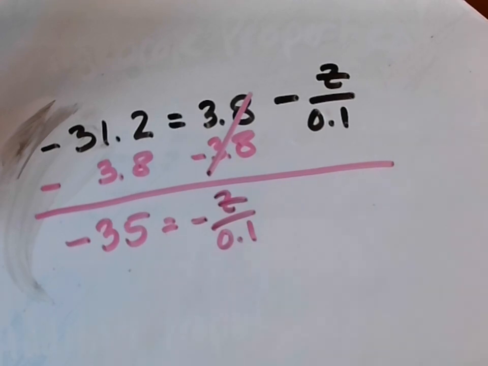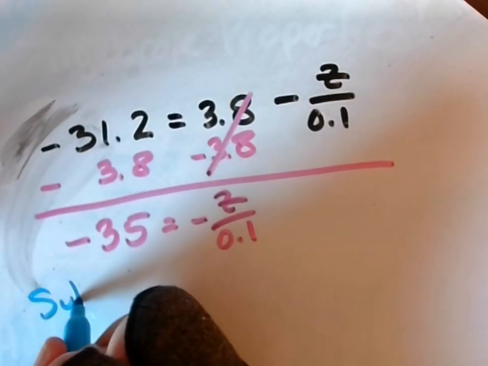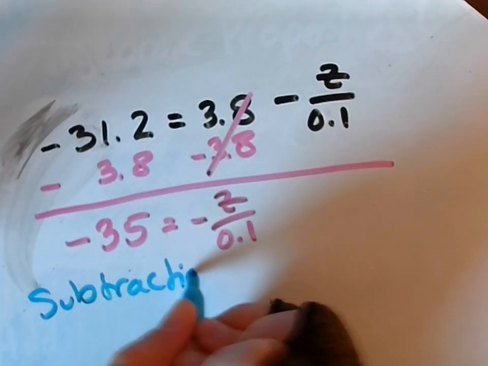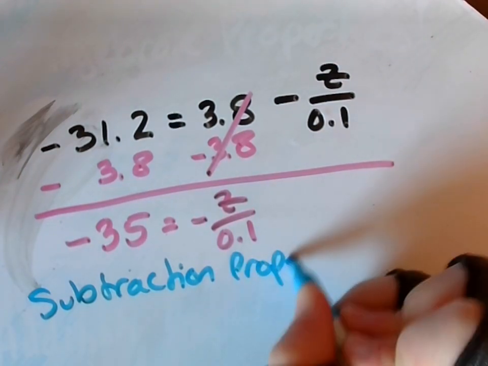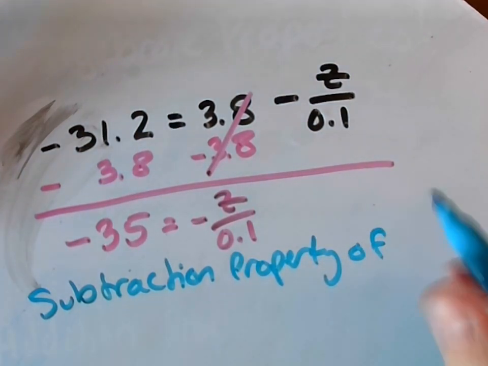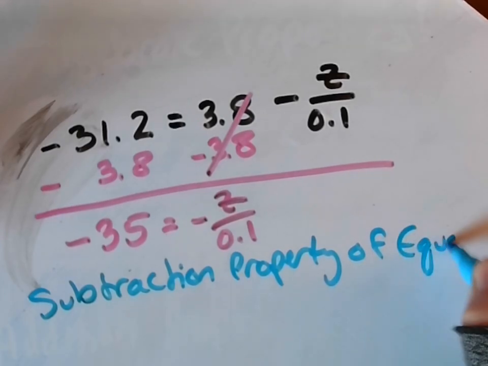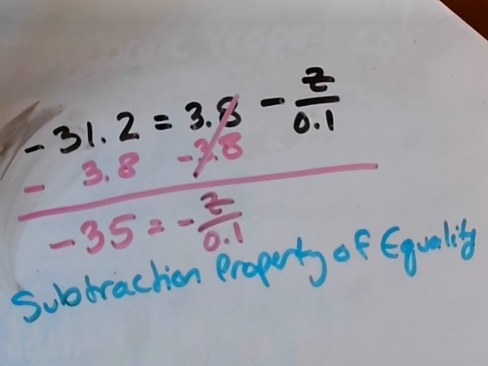So what did we do? We subtracted. We used the subtraction property of equality. If we do the same thing to both sides, whatever that operation is, that's the property of equality we used.